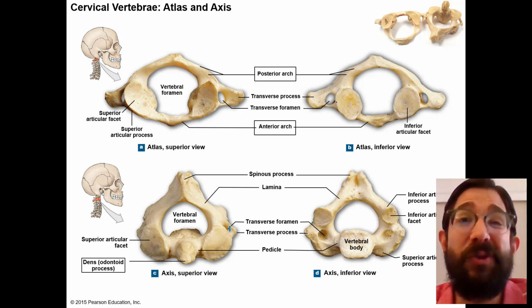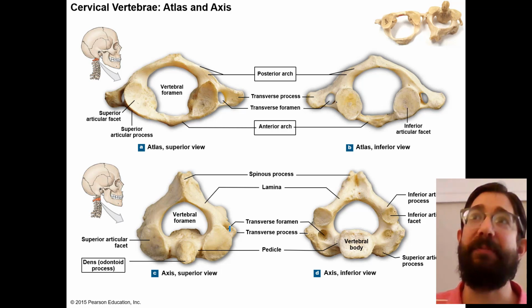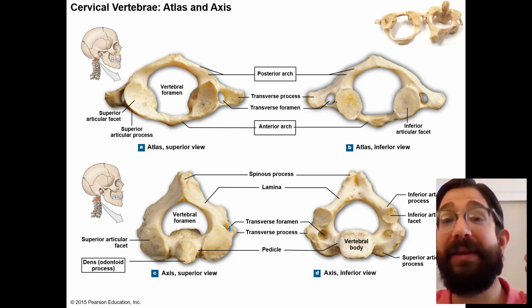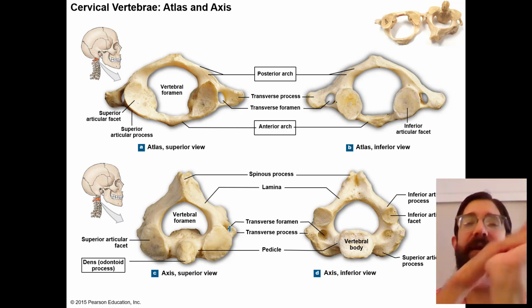It's also great that these two look very different from each other and from the other cervical vertebrae. Like the atlas, we mentioned a few videos back, is named after that mythological being that supports the weight of the whole earth. So it has to hold the earth with cupped hands like this.